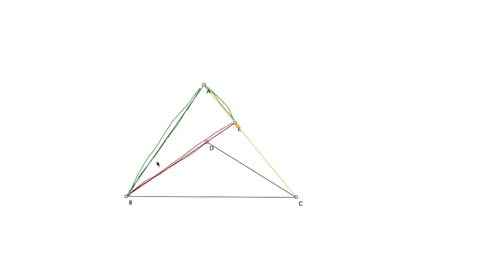That should be pretty obvious. And now if we add the remaining side, EC, so if you can imagine adding the two green sides plus the blue side, that's going to be larger than the red line plus the blue line, right? Because of course the green line's larger than the red line. So that's that.